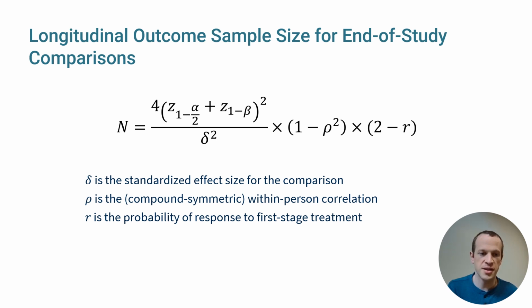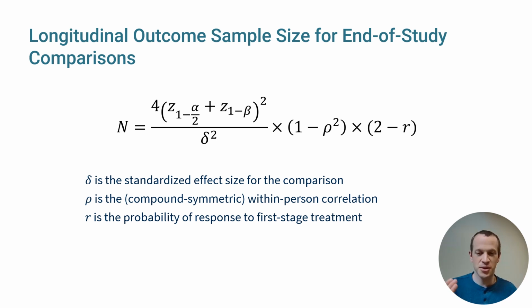On the other hand, let's say that rho is very large. It could be 0.9 or minus 0.9. The sign doesn't matter, but the magnitude does. So let's say it's very large, like 0.9. Then we get 1 minus 0.9 squared, which is roughly 0.2. In that case, we don't need as many participants.